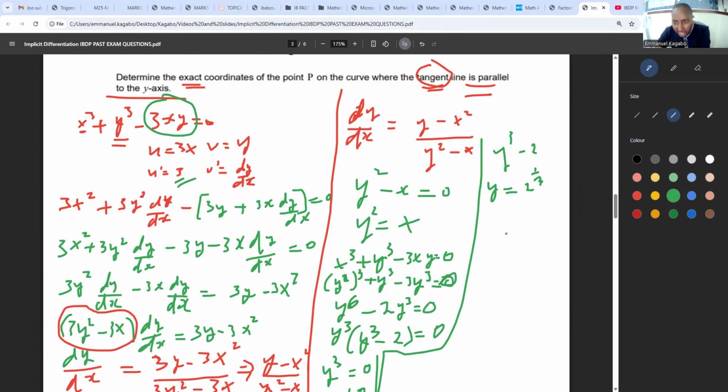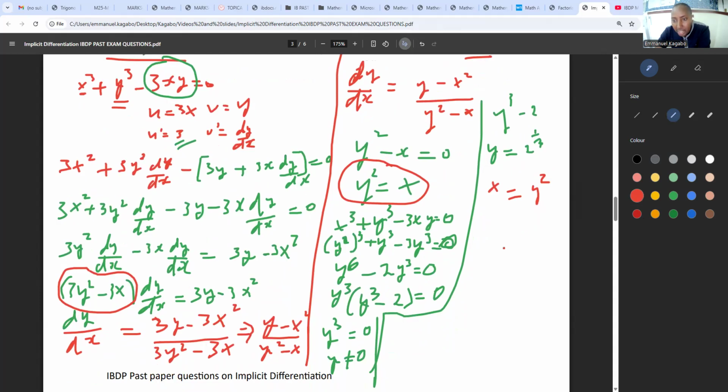What about x? We have x power 3. Do you remember this guy? We said x is y squared. So meaning now my x value is going to be 2 power 1 over 3, the one I've got here, all of this squared.